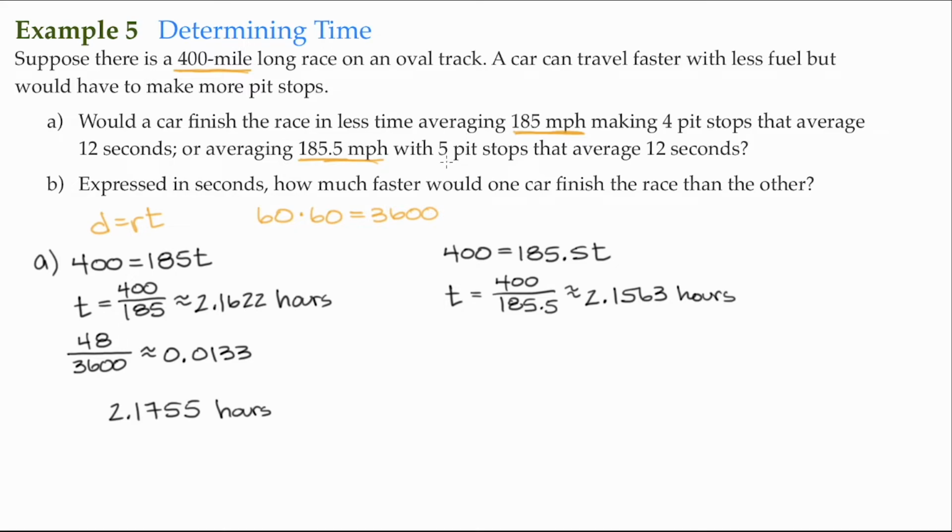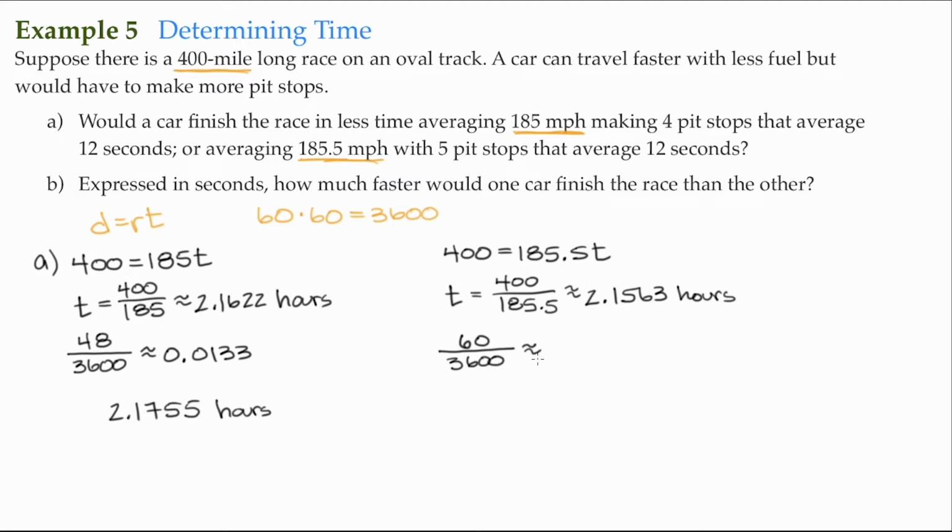However, keep in mind that this car does 5 pit stops for 12 seconds, or another 60 seconds, or another minute. So we have to add on another minute, and we'll change that into a portion of an hour. So that's 60 seconds, that's how much is in a minute, right? 5 times 12, 60. Divide that by the 3,600 seconds.